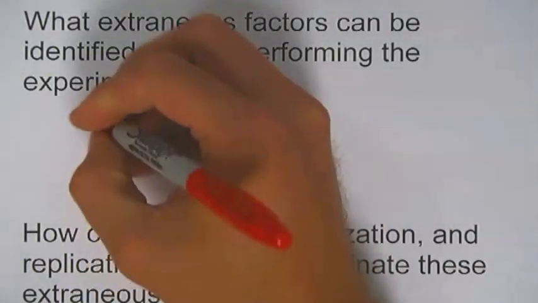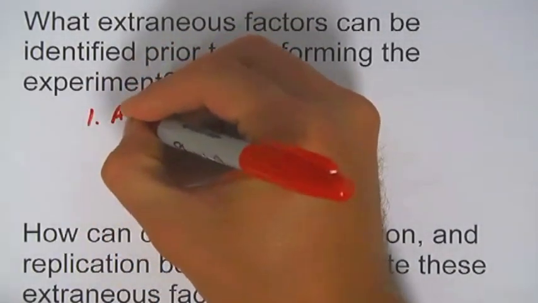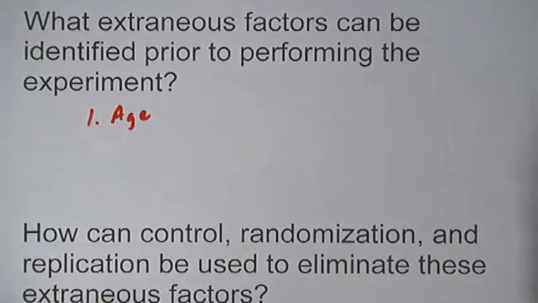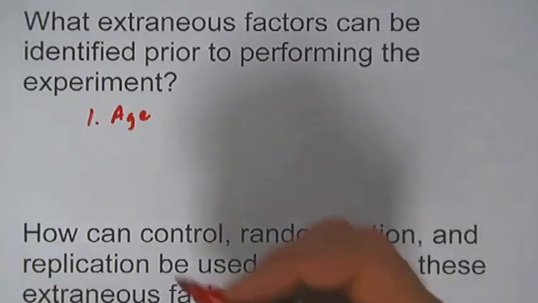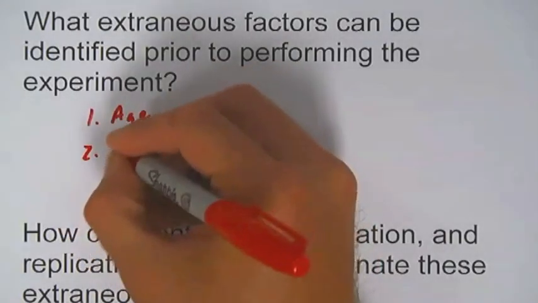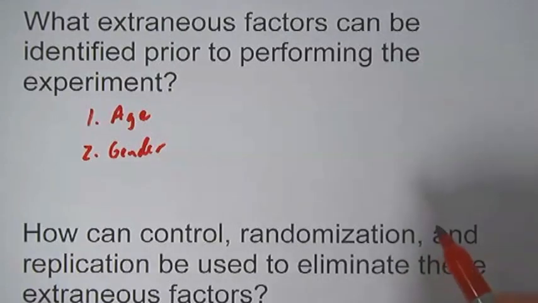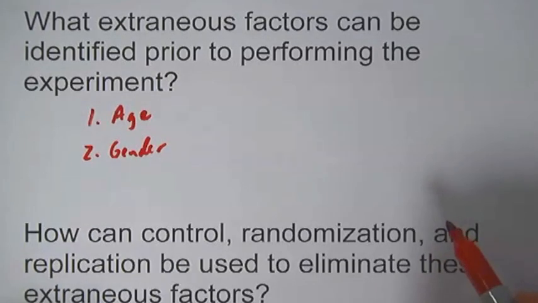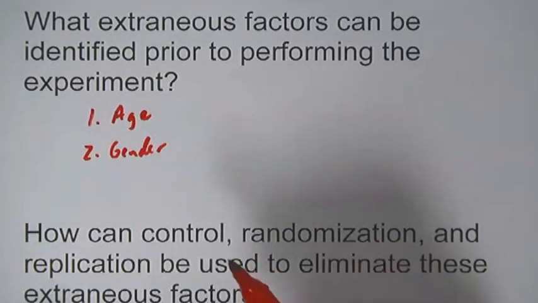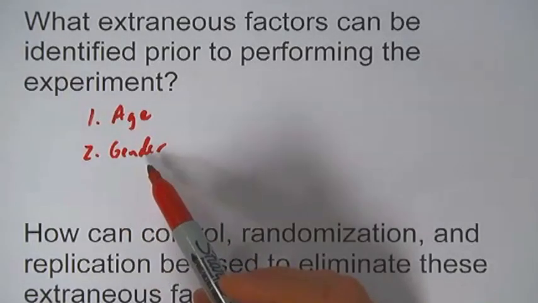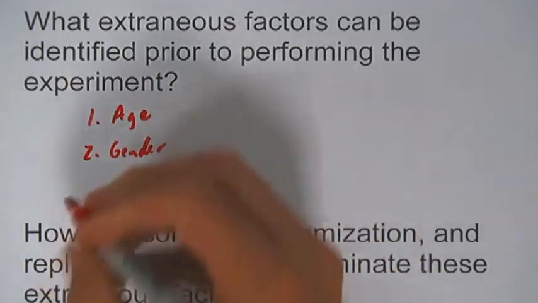So the three main ones that I can think of are, one, age. Generally, the older people get, the more variability in cholesterol they'll have. Two is gender. Generally there are pretty significant cholesterol differences in males and females. So gender may be an extraneous factor.